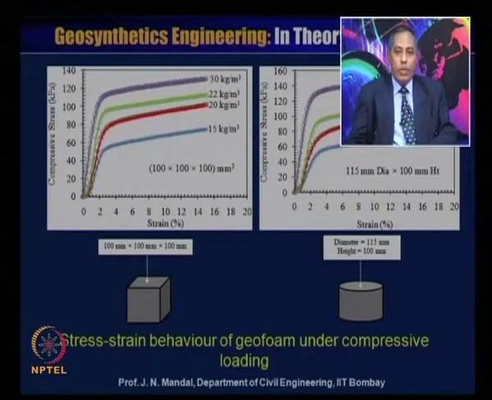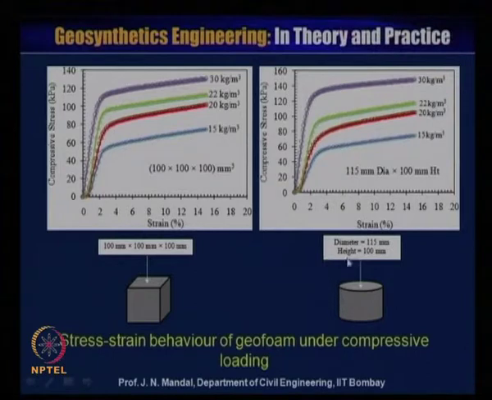You can also use a cylindrical specimen, like this one whose diameter is 115 millimeter and height is 100 millimeter. This test shows the compressive stress in kilopascal against the strain in percentage.